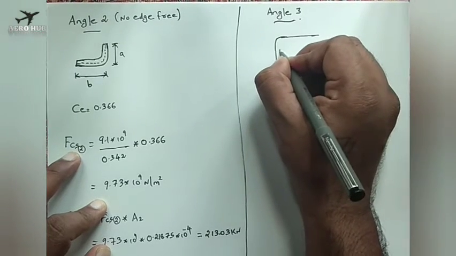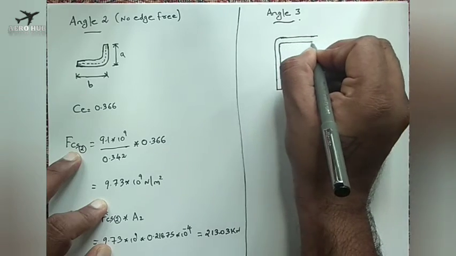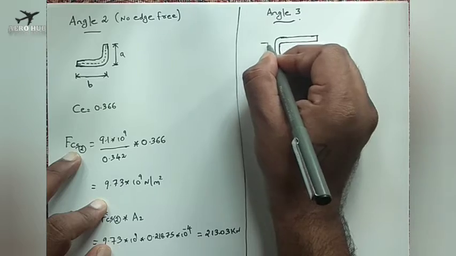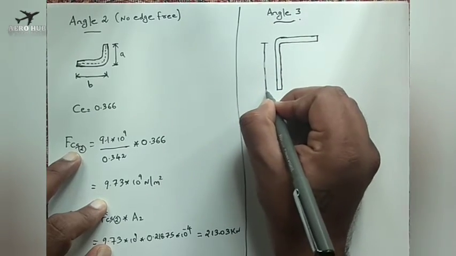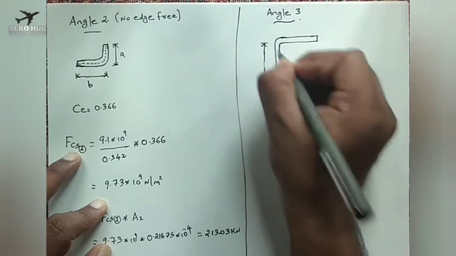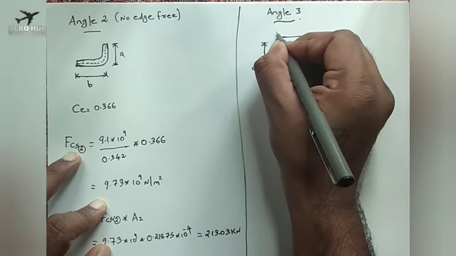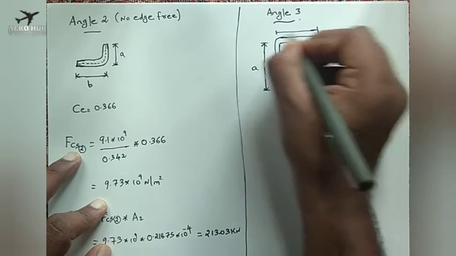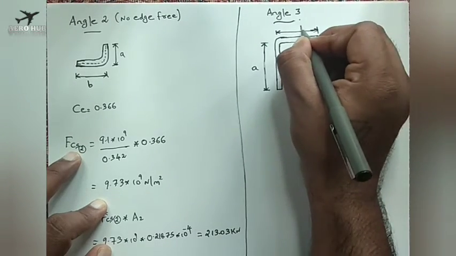Angle 1 and angle 2 have the same dimensions, and this I will write as A, and this dimension as B. We have to include the center line properties here also.